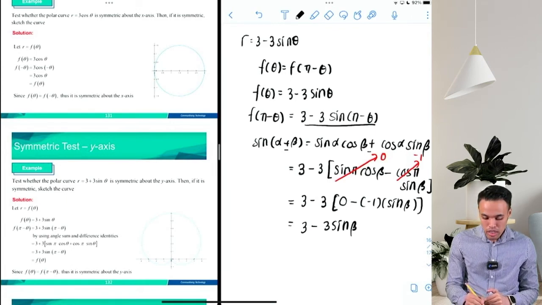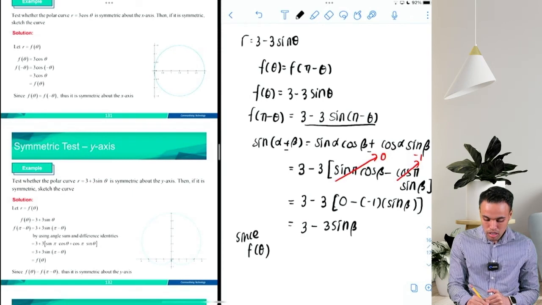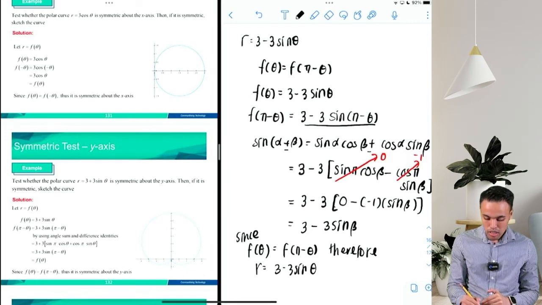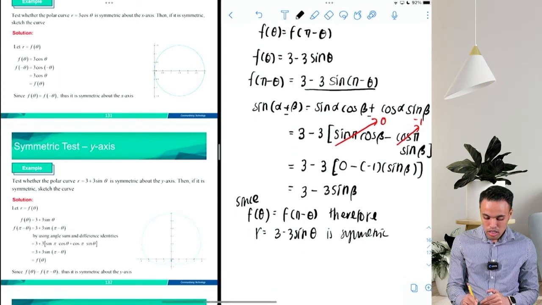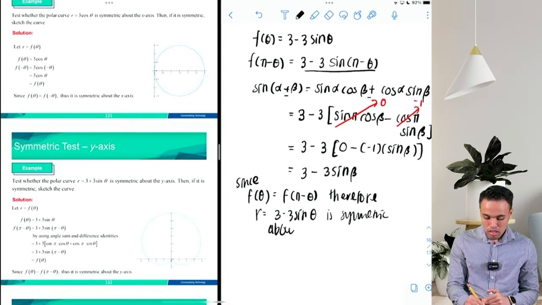Alright, since f theta equals f pi minus theta, therefore r equal to 3 minus 3 sine theta is symmetric about the y-axis.